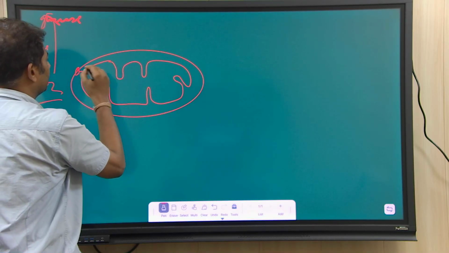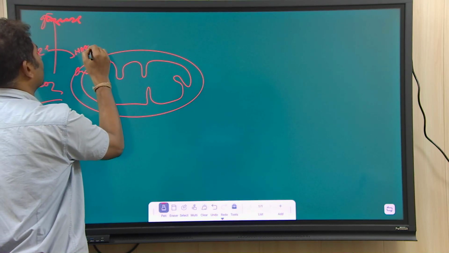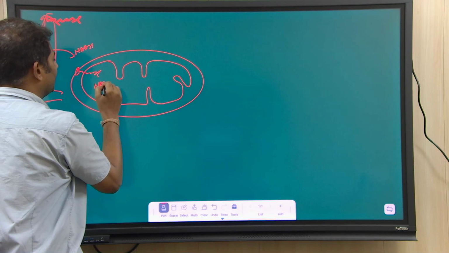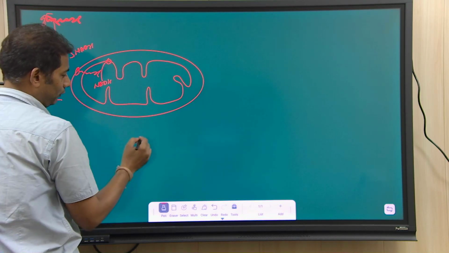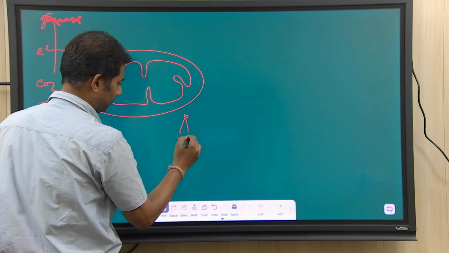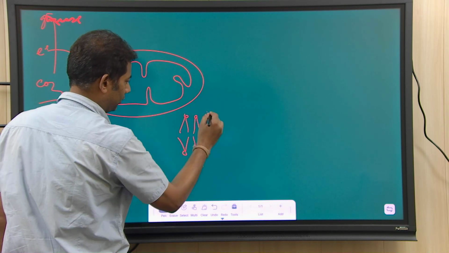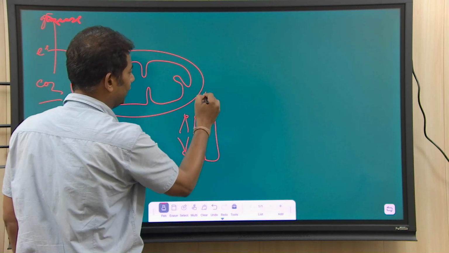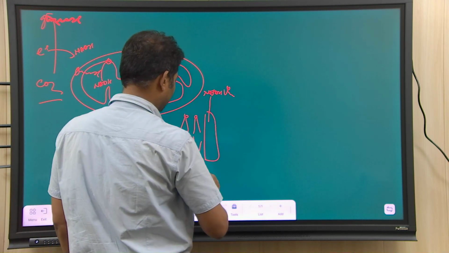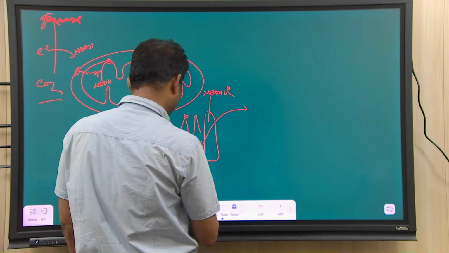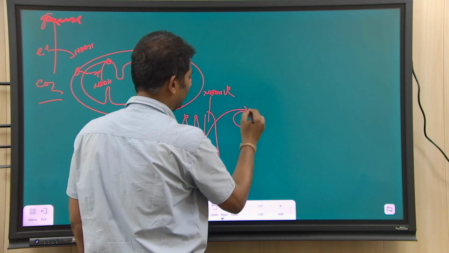These electrons were received by NADH, and ultimately this NADH transfers these electrons to a specific biomolecule I am showing here, the NADH ubiquinone oxidoreductase enzyme, which transfers electrons from NADH to ubiquinone.